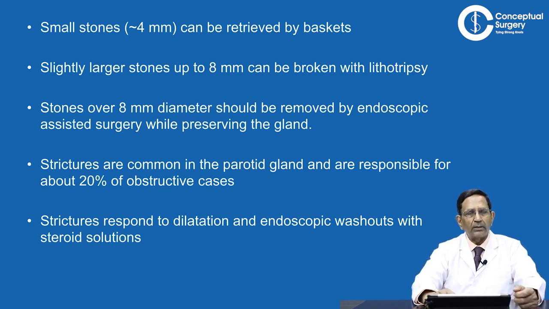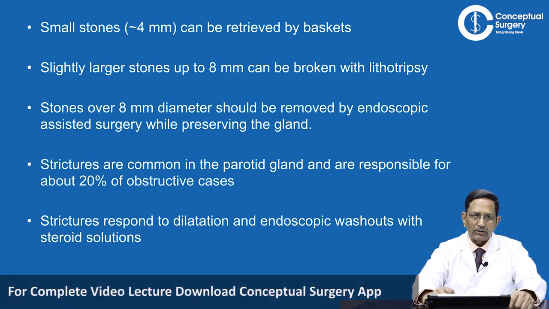Small stones, less than 4 millimeters, can be removed by basket. For larger stones, lithotripsy. Now an endoscope of this diameter is available, and you can break them with a pneumatic lithotripter, and when they are fragmented you can wash them out with the Dormia basket. If there is a stricture of the duct, it responds to endoscopic washout and dilatation and sometimes steroid solution.